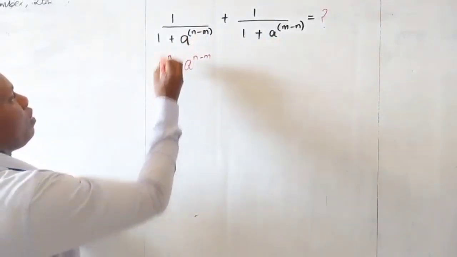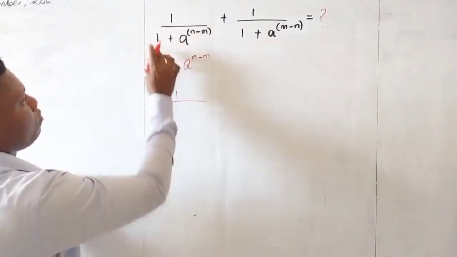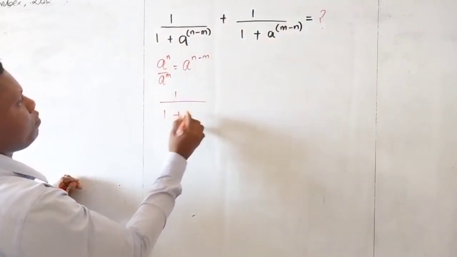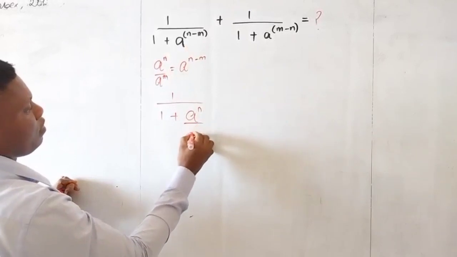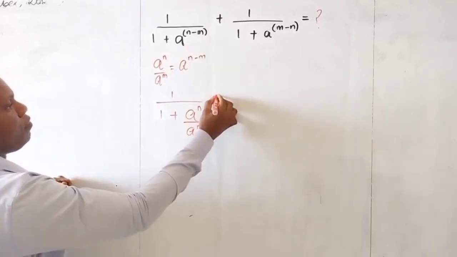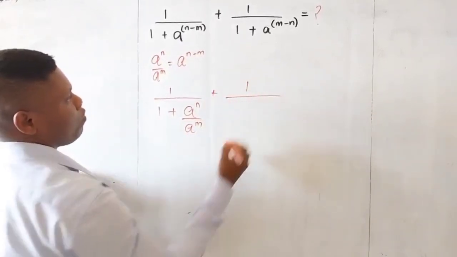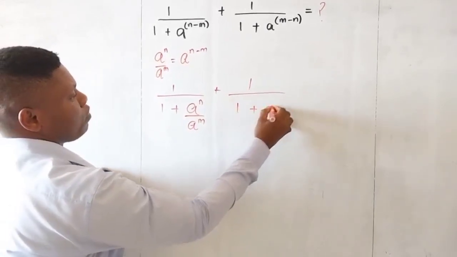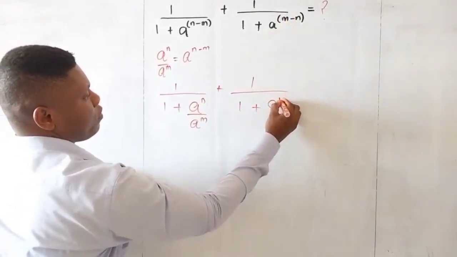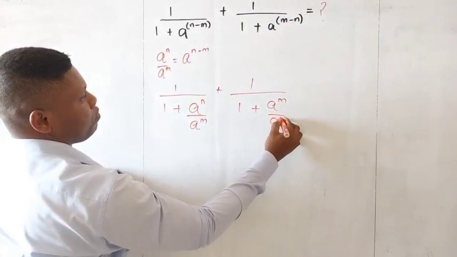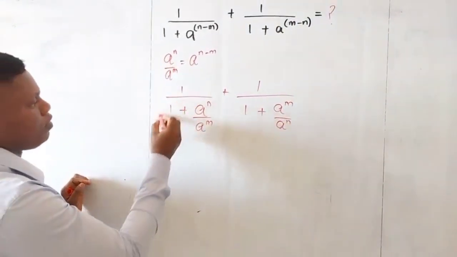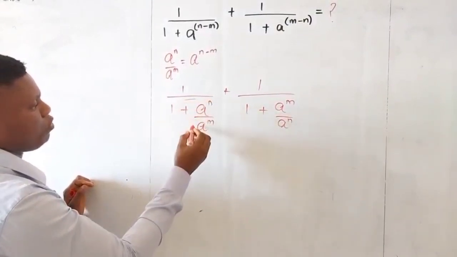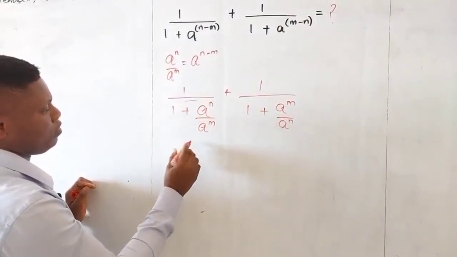So that means this will be 1 over 1 plus a raised to the power of n divided by a raised to the power of m, plus 1 over 1 plus a raised to the power of m first divided by a raised to the power of n. Now if I simplify this, I'm going to be having a times this.